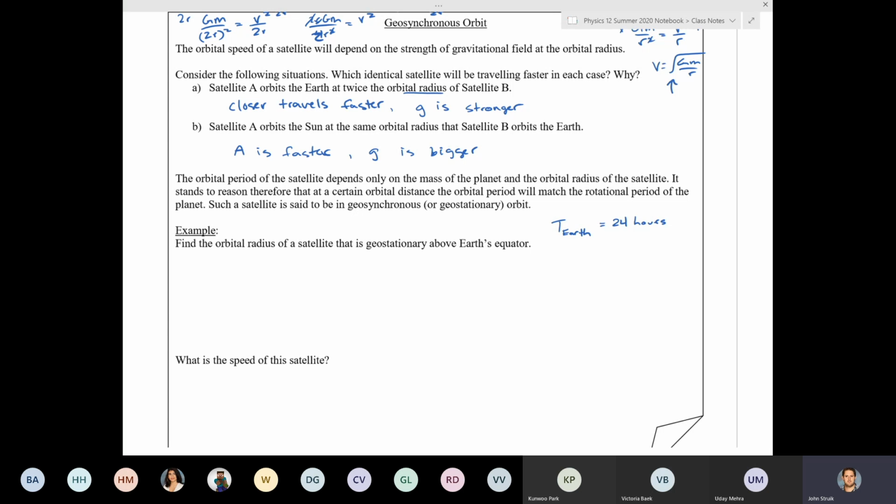So we're going to multiply by 60 times 60, so 3,600. So the orbital period of the Earth is 86,400 seconds. Now we can apply the same thing here. g equals ac. GM over r squared equals 4 pi squared r over t squared. And we need to solve for r.